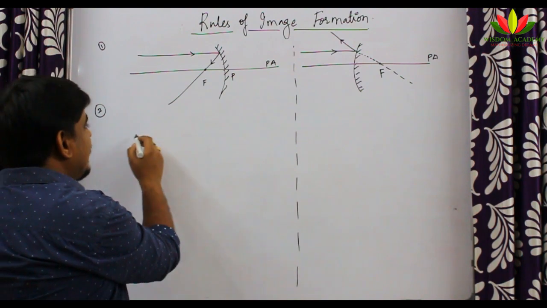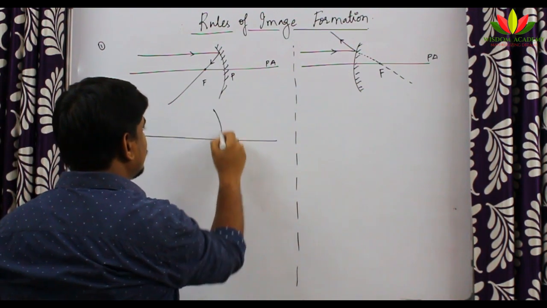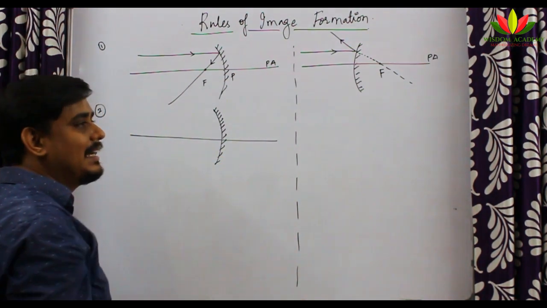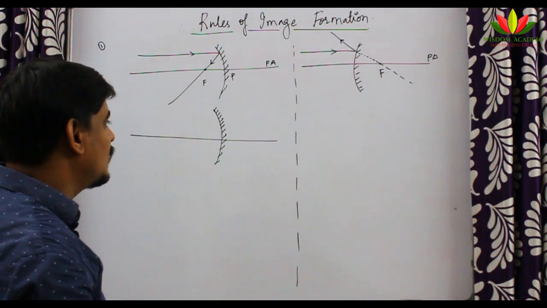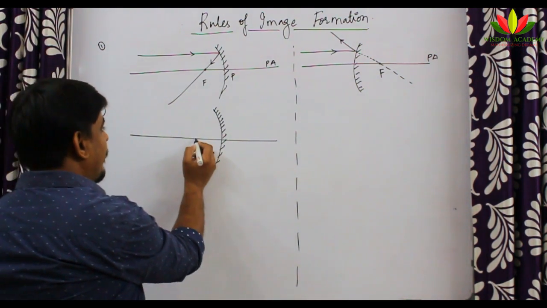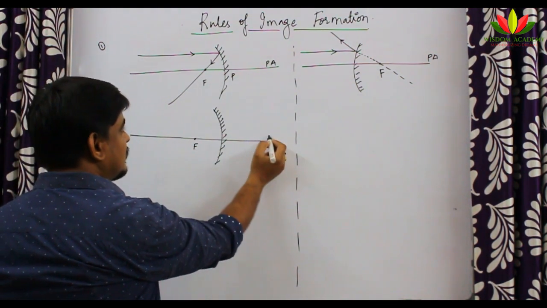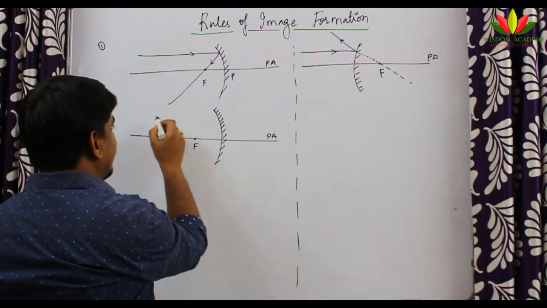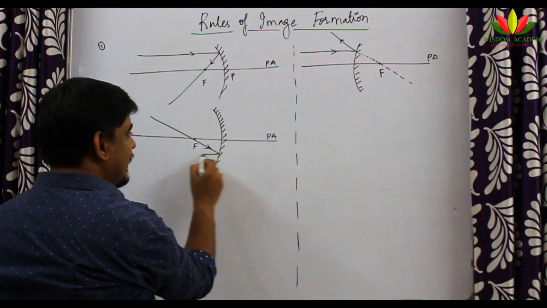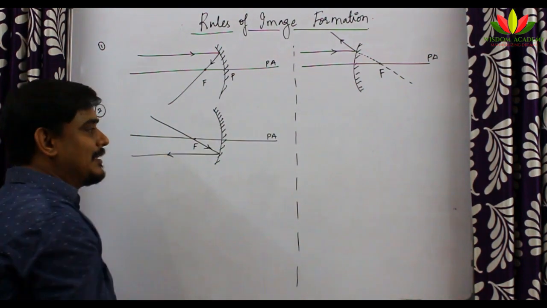The second rule of image formation is the vice versa of this. Any ray which is passing through the focus becomes parallel to the principal axis. So this is the focus, suppose, and there is a ray passing through the focus like this. After getting reflected, it will become parallel to the principal axis.